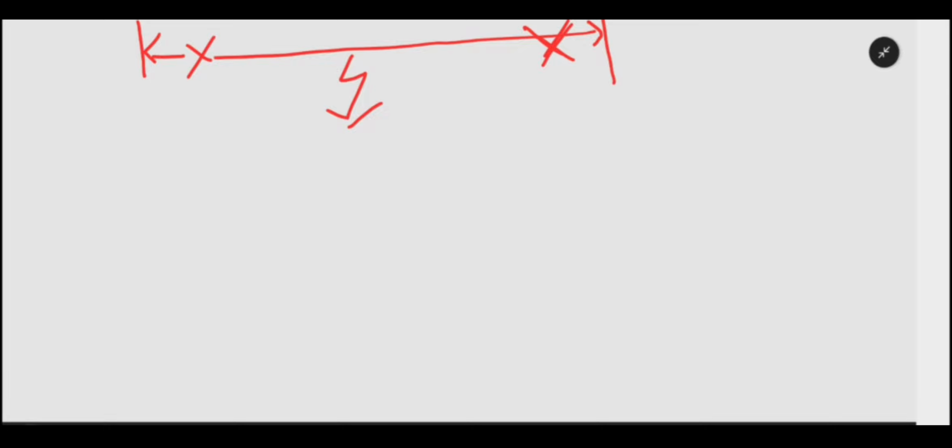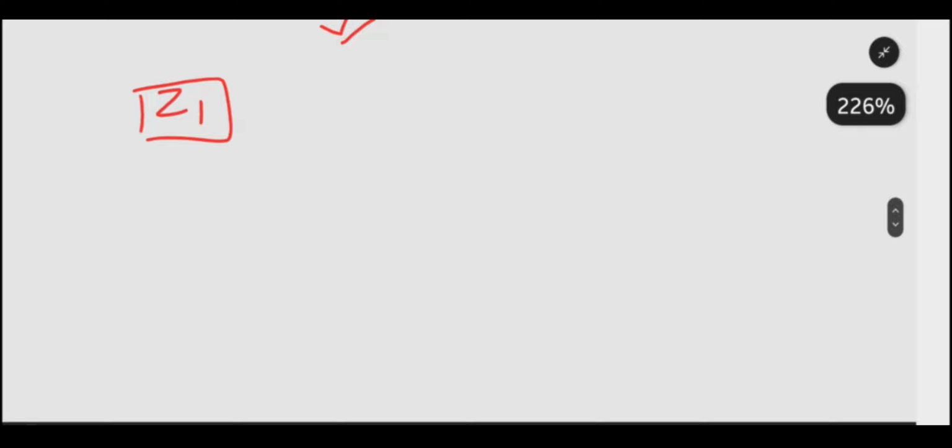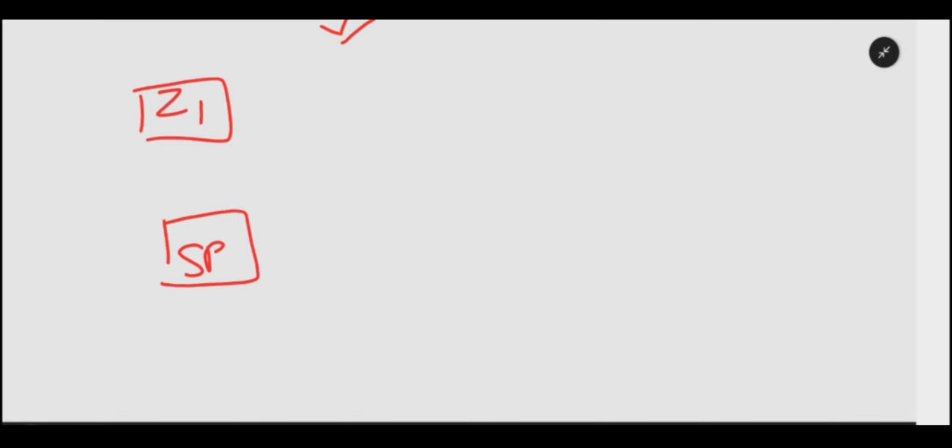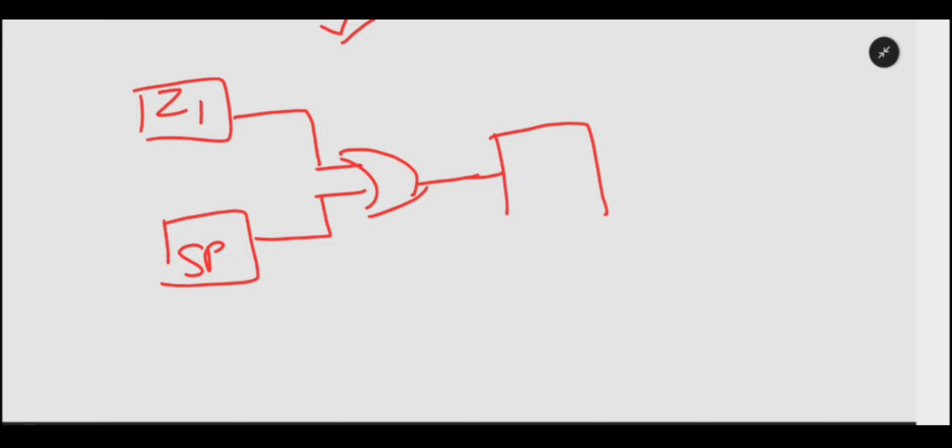The first condition, the fault should be in zone 1. The second, a single phase fault should occur. If these two conditions are satisfied, the relay will give a command to the single phase lockout, that is the 86A lockout, and this lockout relay will give an auto reclosing command to the breaker.